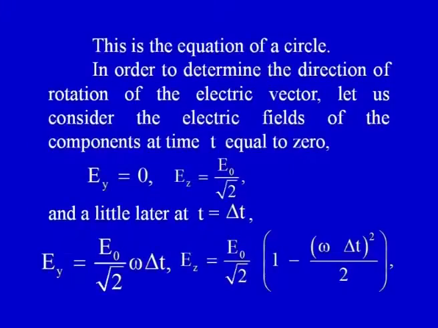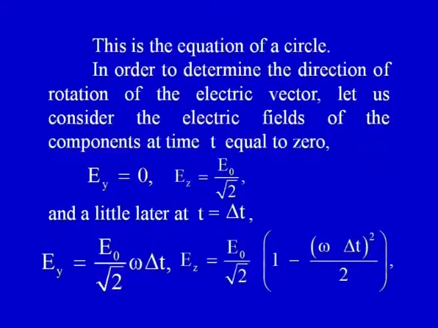In order to determine the sense of rotation of the electric vector, let us consider the electric fields of the components initially at time t equal to 0: Ey is equal to 0 and Ez is equal to E naught upon square root of 2.